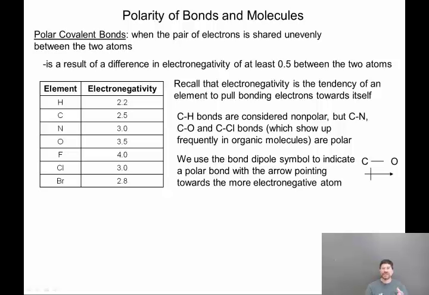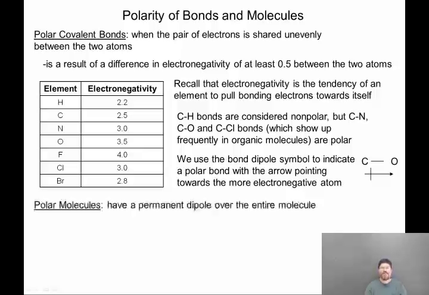So that means there is more electron density from that bond located in the vicinity of the more electronegative oxygen, making that the negative end of the dipole, and there is less electron density in the vicinity of the carbon, so the carbon is the positive end of the dipole. The symbol actually makes it clear to see this because where the two lines cross looks like a positive charge.